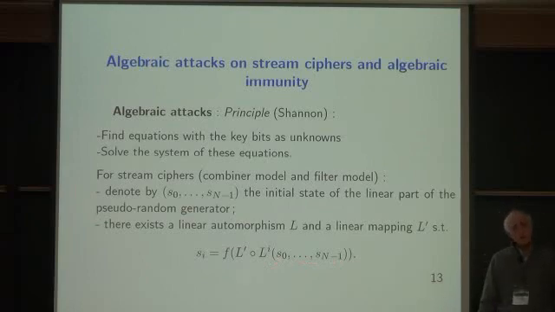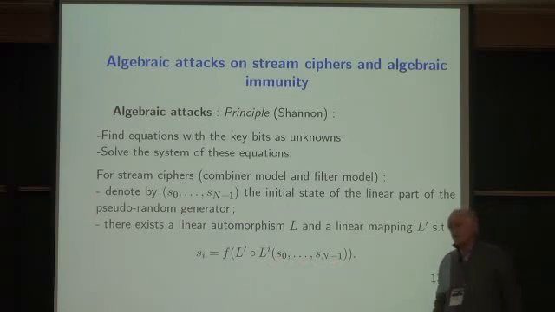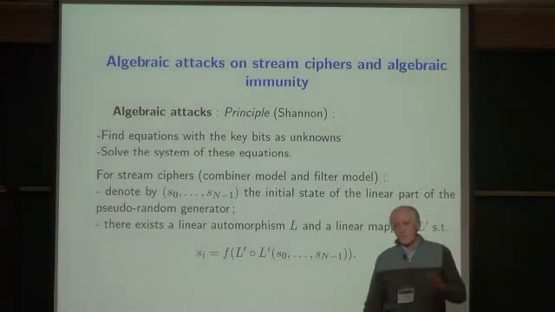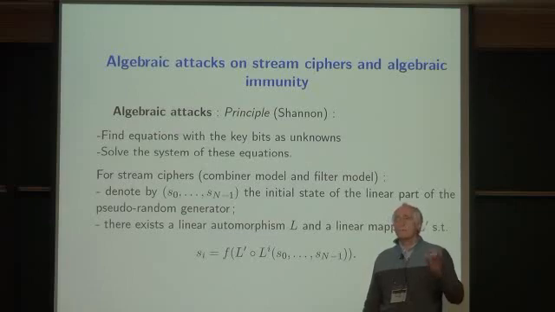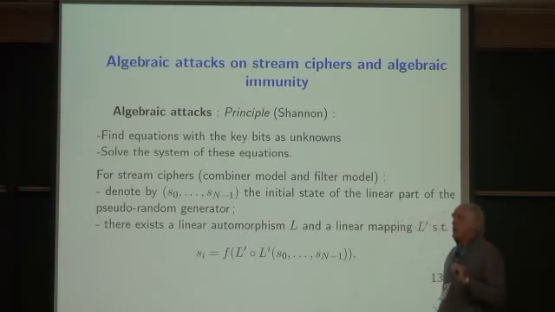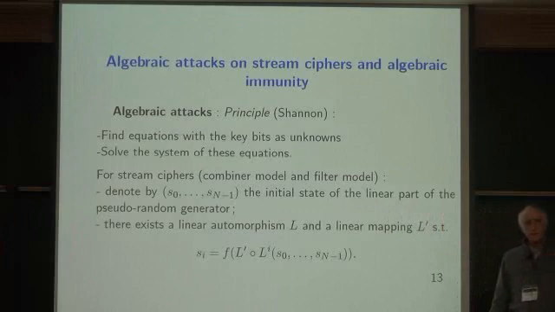For reasons I have no time to present, all the rest of the system must be public. It would not be a good idea to make the function secret, for instance, or to make the feedback of each LFSR secret.